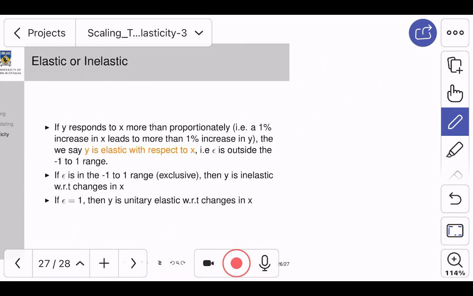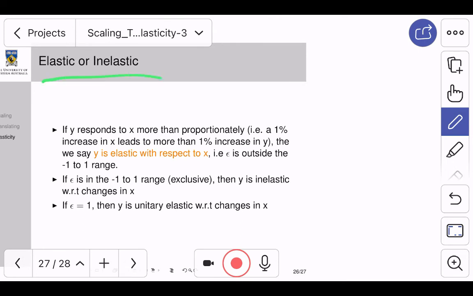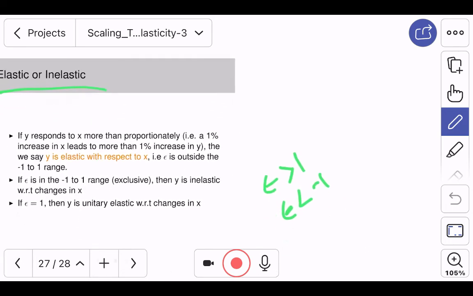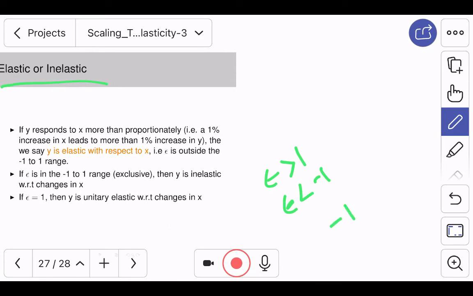Okay, so we have already covered what elastic and inelastic are. So y is elastic with respect to x if the elastic value is either greater than 1 or it's less than -1. So it's outside the -1 to 1 range.